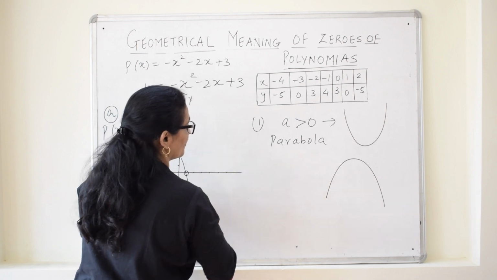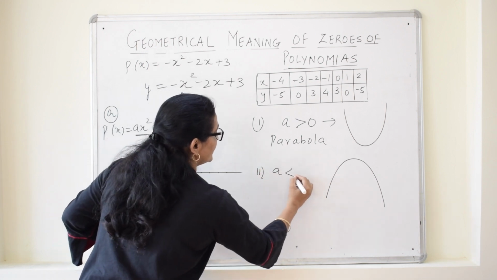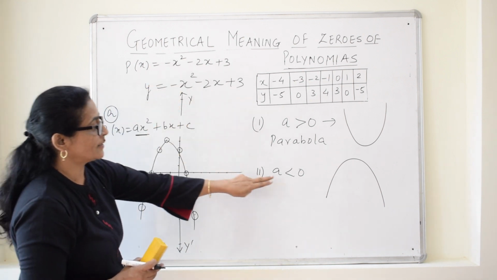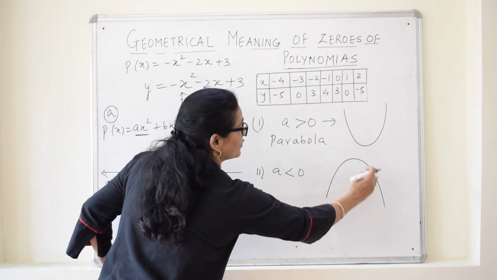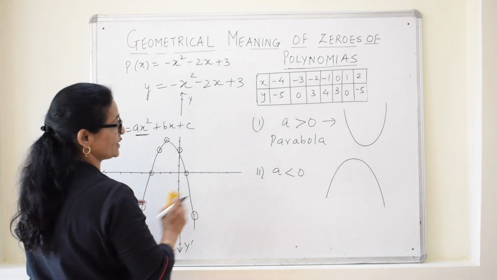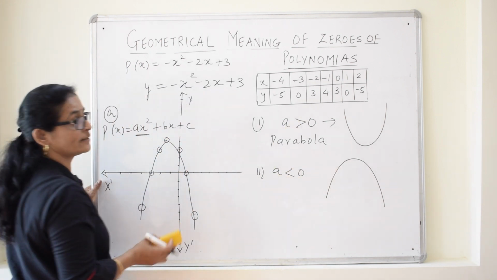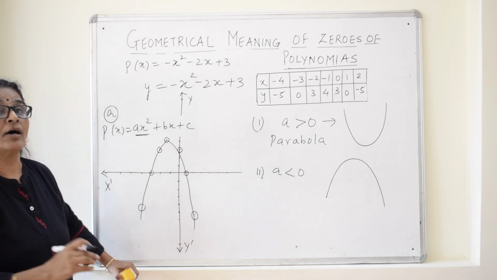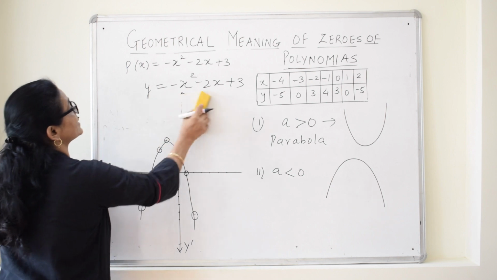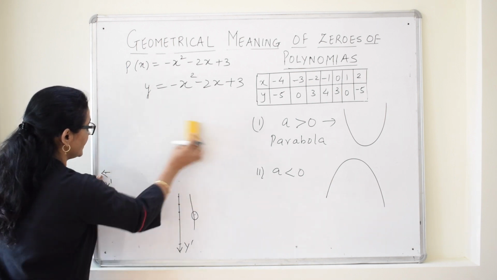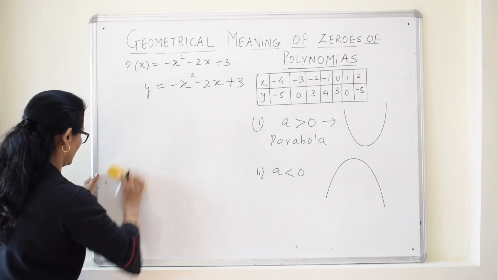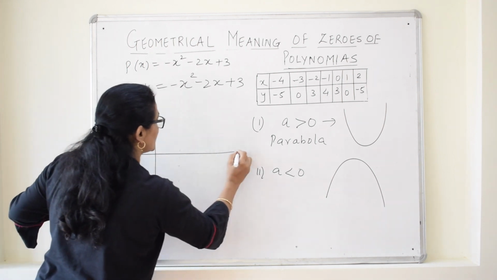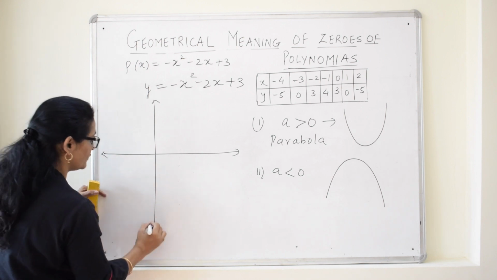If A is less than 0, in this case what we have taken, A is minus 1, it is less than 0, so the parabola will open downward. So these are the two factors on which we can decide whether a parabola will open upward or downward. There are many other cases. If in the Cartesian system we look at the types of parabolas, these are the different situations I am giving you here.